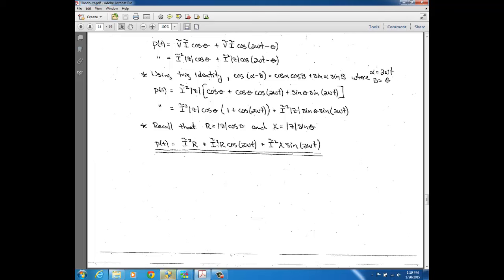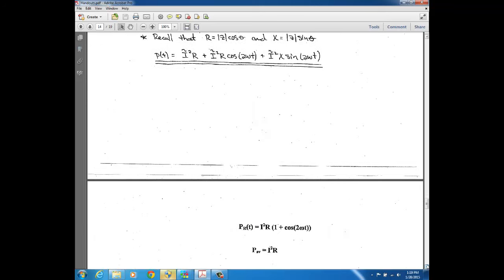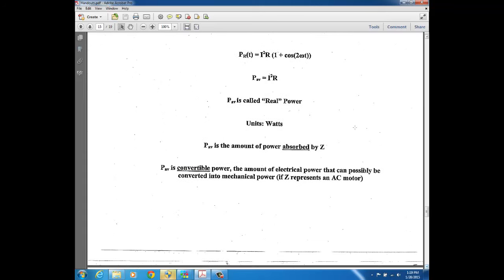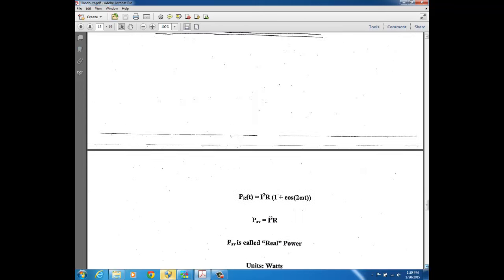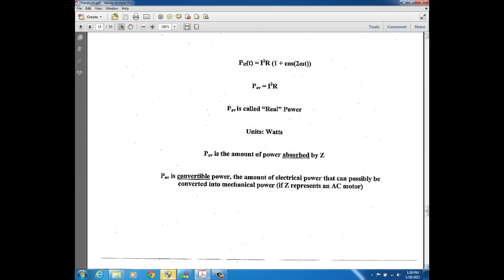And you'll see on the next slide that we factor out this I squared R. Okay, so after we factor out the I squared R, we call these two terms PR of T. So this expression here is made up of PR of T and PX of T. Okay, that's what makes up the instantaneous power when it's in this form. So we're just looking at the terms that have resistance.